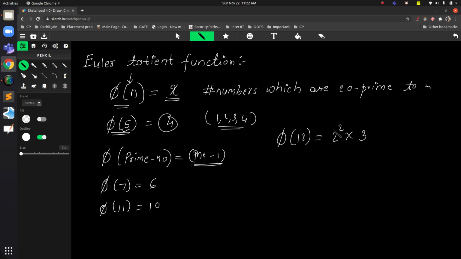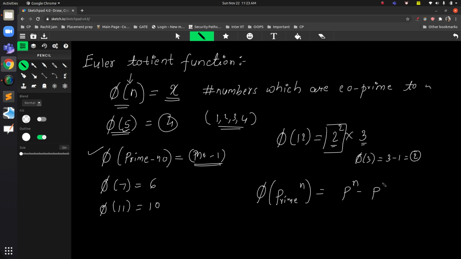Okay, now for this 3 we can directly give 3 minus 1 equals 2 according to this property. Now how to deal with the totient function of any prime number raised to the power n? Its formula is p to the power n minus p to the power n minus 1.